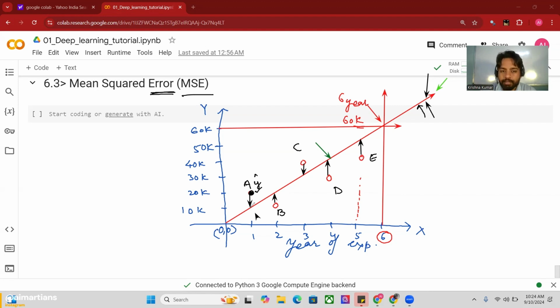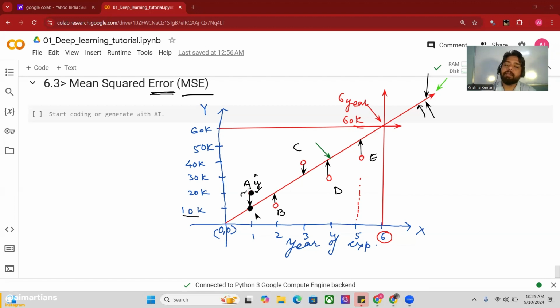And when I trained a model, these black points came here according to my model. My model is saying if a person has 1 year of experience, you should offer them 10K, not 20K. So my model is correcting the mistake I made initially. My model is also suggesting a salary that is suitable for this A data point value. And this is the actual value.